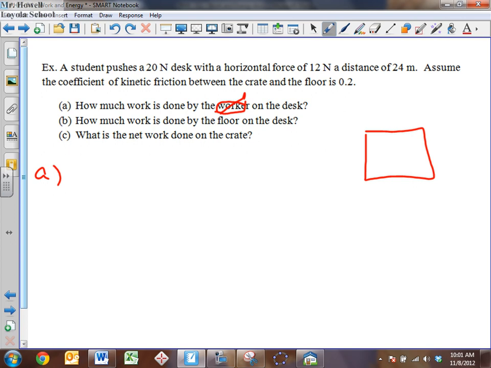So we have a force of push acting this way. The direction of movement is also this way. Now, which way does friction act? Against it. So when I look at friction, what's my angle going to be? It's going to be 180 again. But what about the FP? What is that angle going to be?